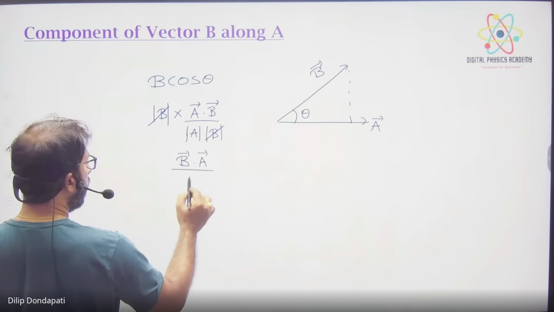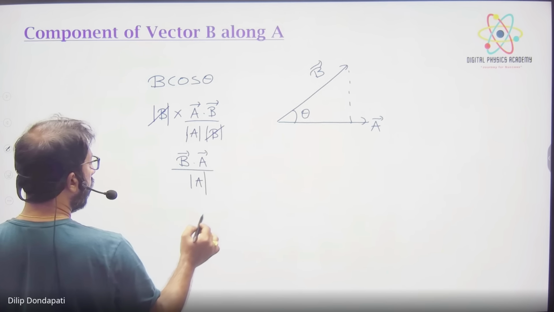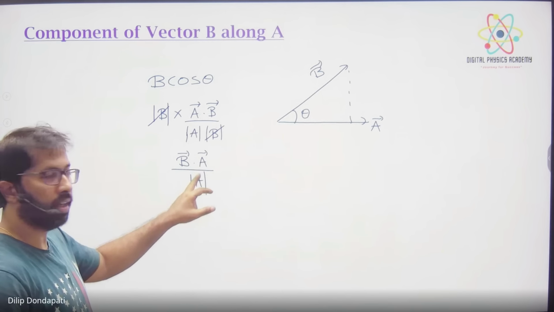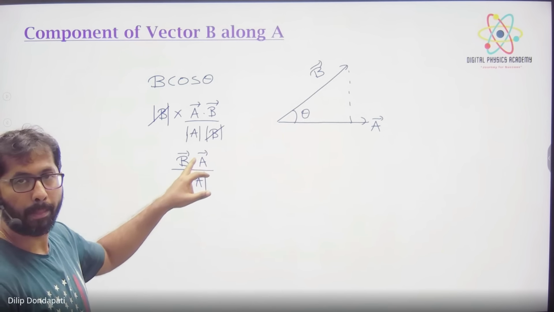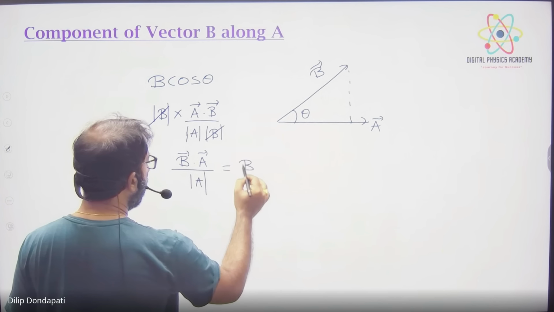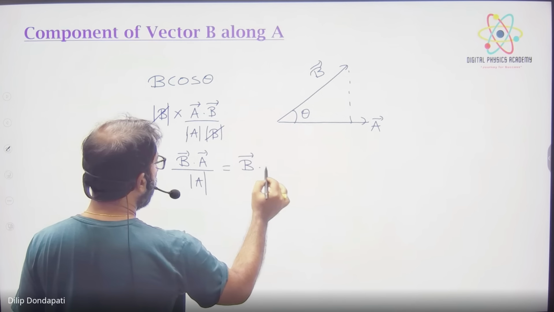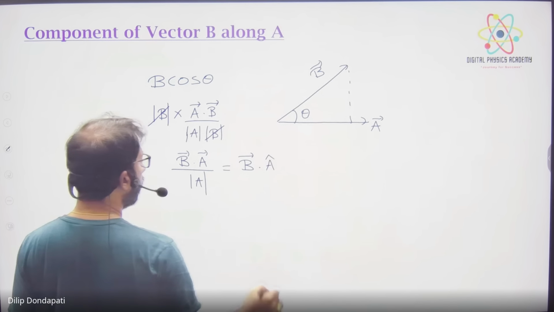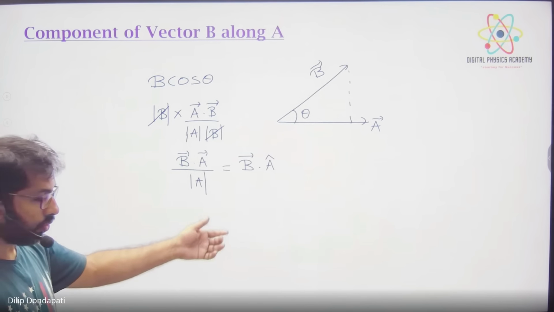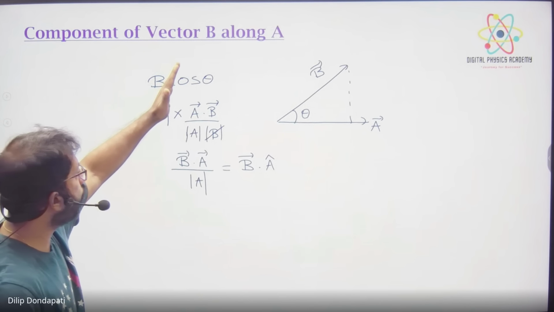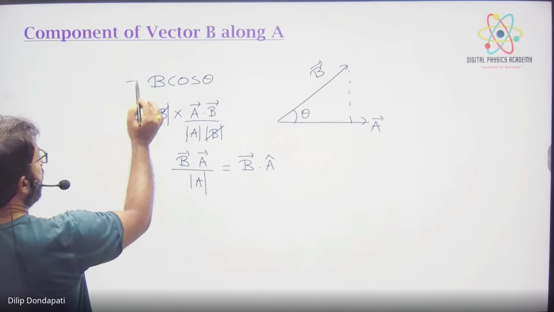By mod A. What is vector A by mod A? It is called A cap. So I can write B vector dot A cap. This is a formula. Very important. The component of B along A means directly you can write B cos theta.